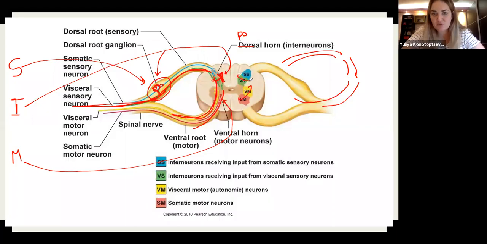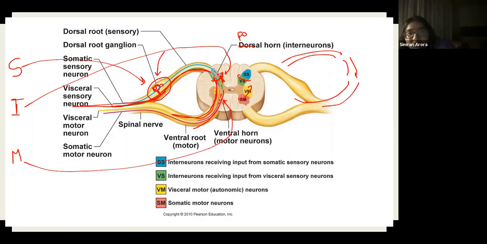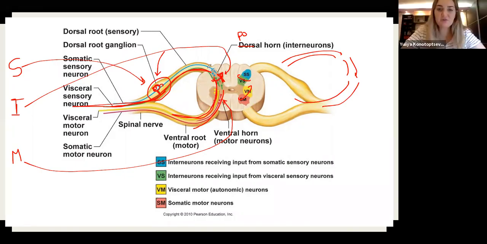Posterior, it's not the sensory, because what do we have here? We have the synapse of sensory with interneuron. The posterior horn or dorsal horn is the place for the interneurons. Does that make sense? The sensory neurons are actually in the ganglion. That's where they are, the cell bodies at least.